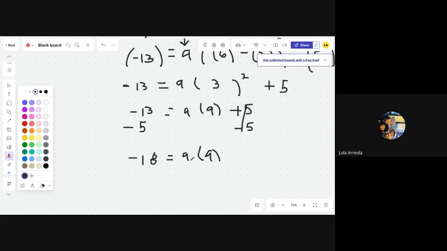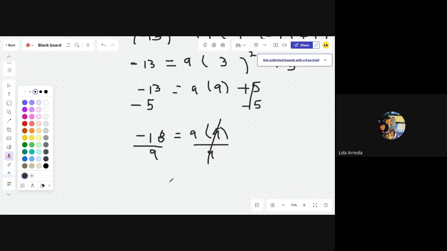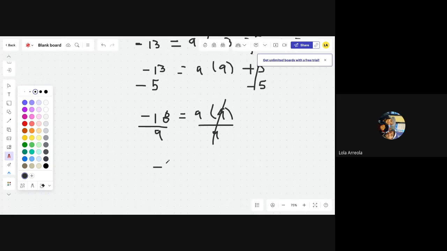Again, I want to isolate the A. So if I have 8 times 9, I'm going to divide by 9. Boom. To both sides, not just one side. So negative 18 divided by 9 is negative 2, equal to A.